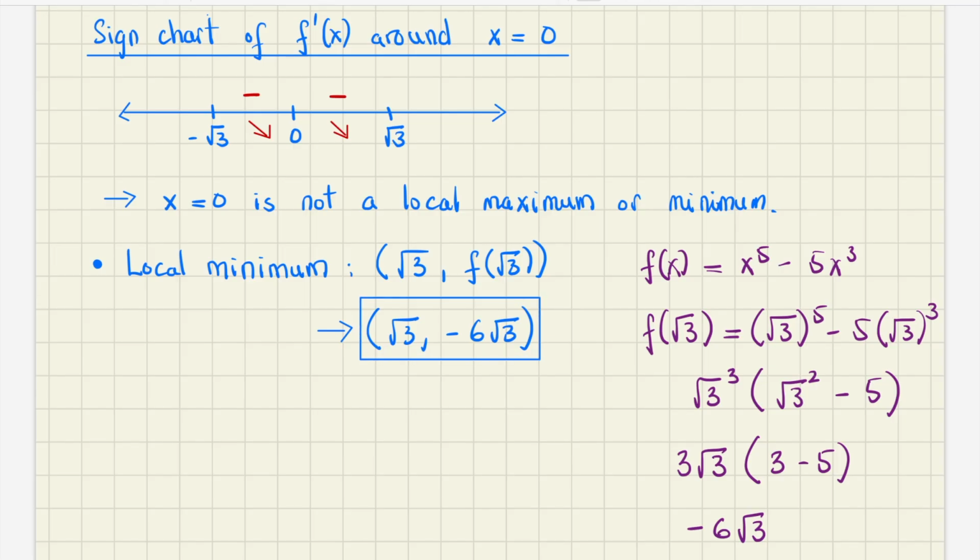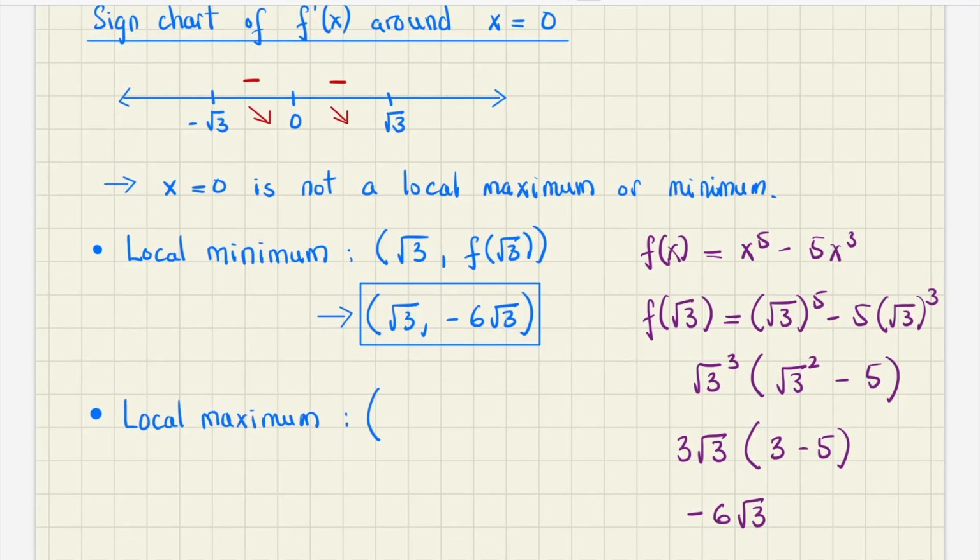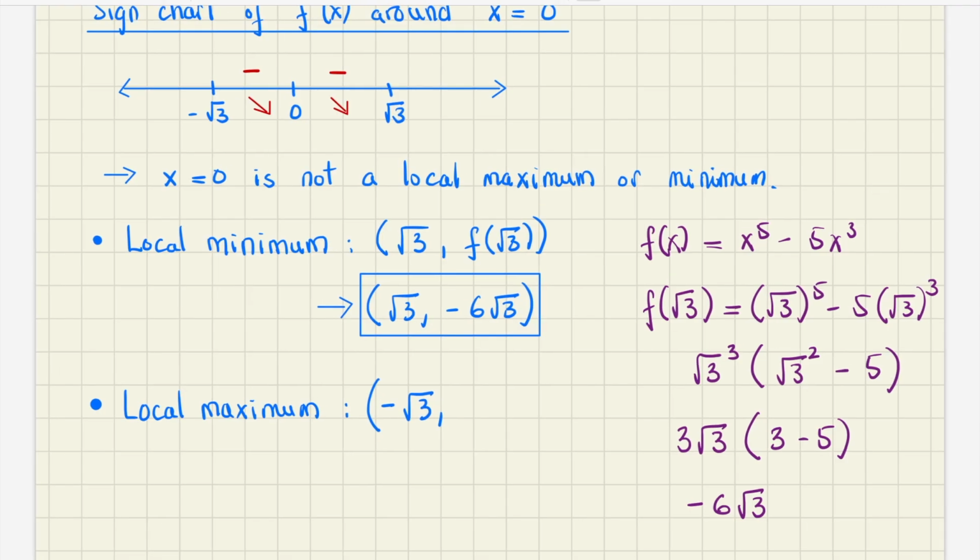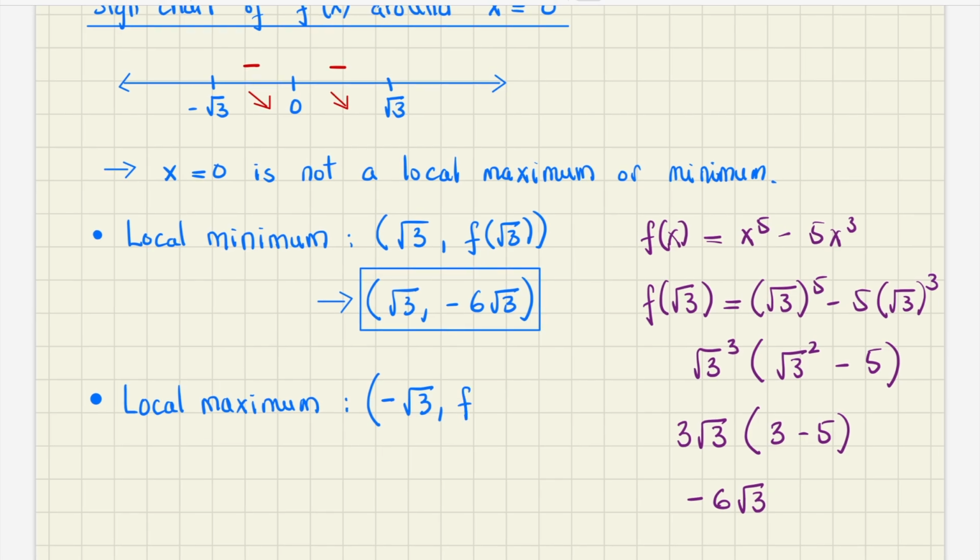Next, let's find the location of the local maximum. The local maximum is at x equals negative root 3. To find the y coordinate, I plug negative root 3 into the function f of x. So I want to find f of negative root 3. From here, I factor out negative root 3 to the third power.